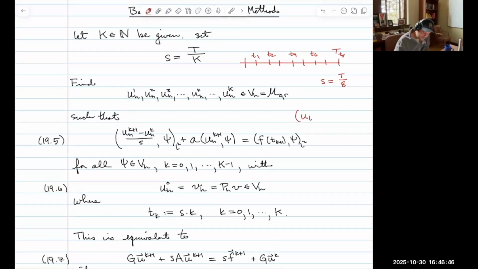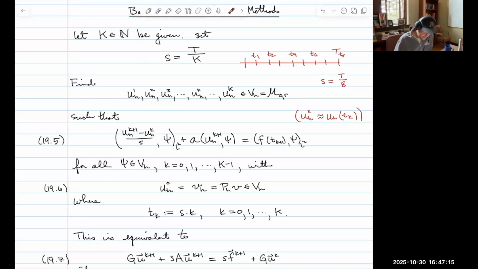Let's just write it even more generically: UH at time level k is an approximation of the true solution at tk. So that's what we're looking at.